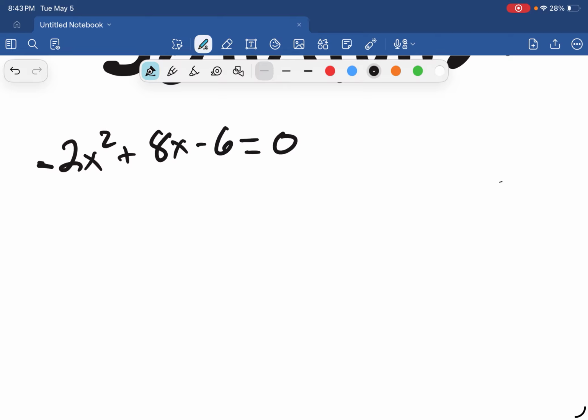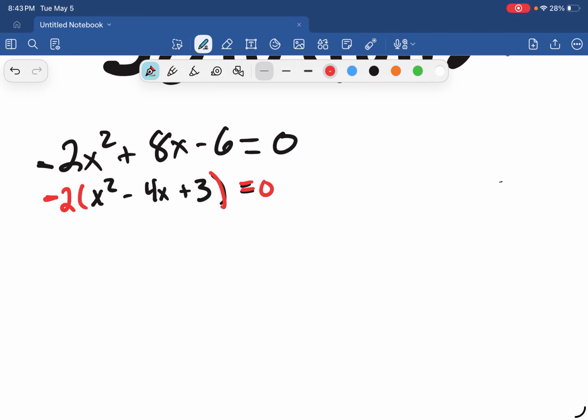When I go to factor this problem, I have a GCF. I need to remove that GCF, but it also is not going to do anything for me. So that -2 I took out isn't going to help me with anything.